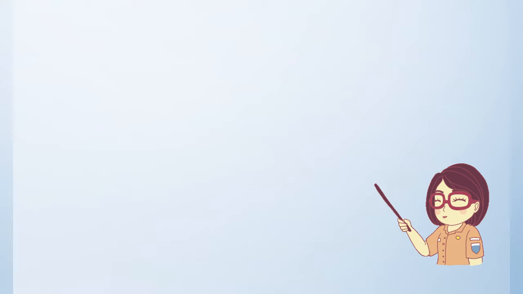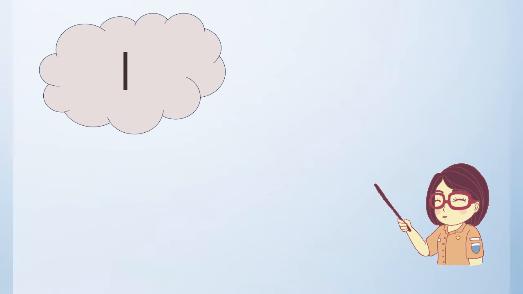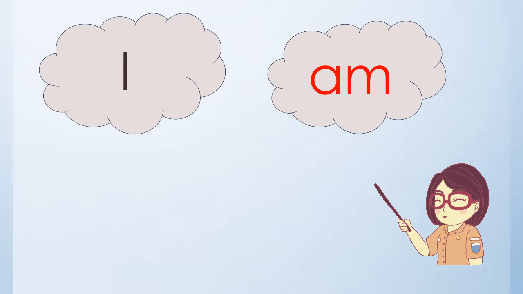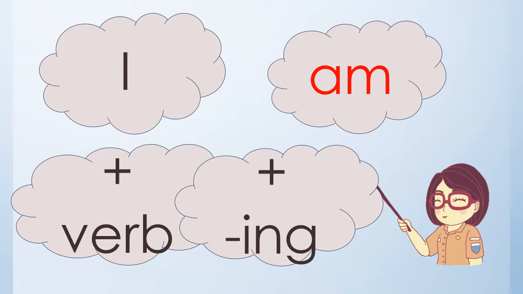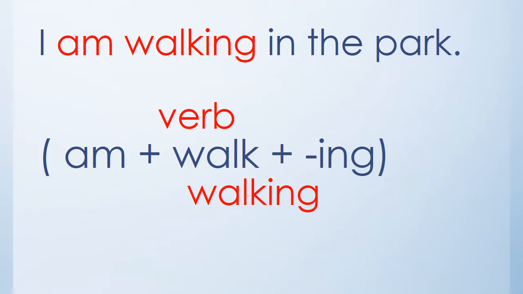Now you have to remember, with I we use am plus a verb ending with ing. Let us see an example. I am walking in the park. Now here we use am with I. And where is the verb?